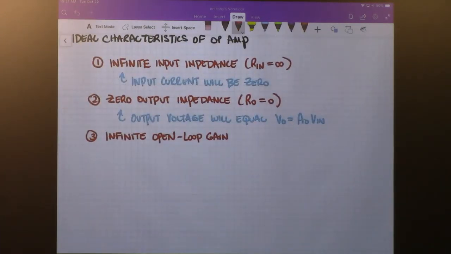And then the others are a little bit easier to understand. So infinite bandwidth, all that means is that, does anybody know what bandwidth means, what that term refers to?